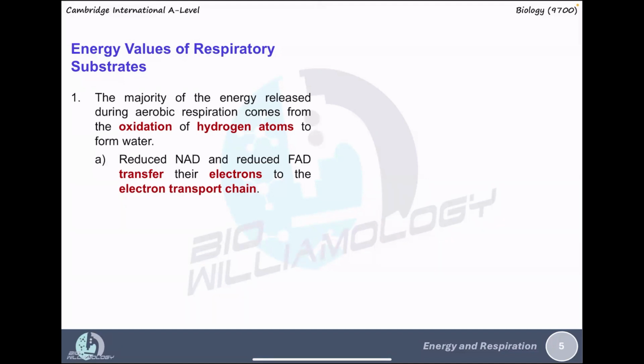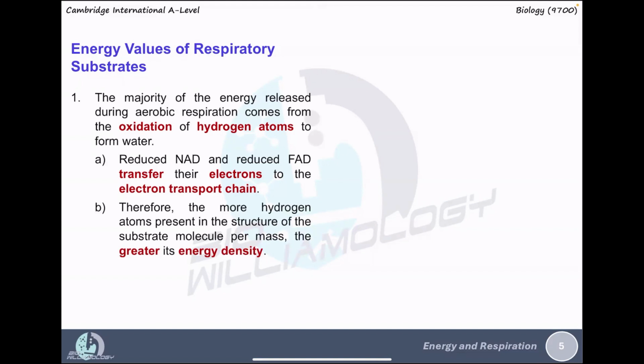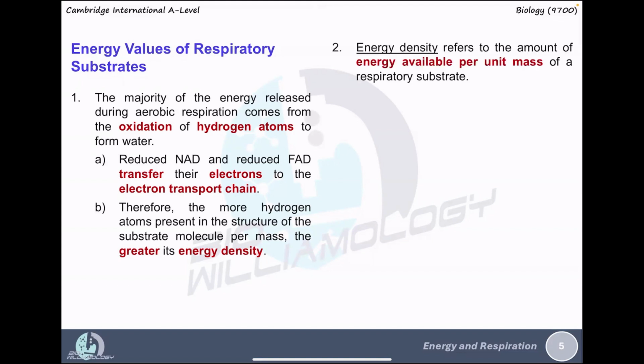Before they can do so, reduced NAD and reduced FAD must release hydrogen atoms, and these hydrogen atoms split into protons and electrons. Therefore, the more hydrogen atoms present in the structure of the substrate molecule per mass, the greater the energy density. Energy density refers to the amount of energy available per unit mass of a respiratory substrate.